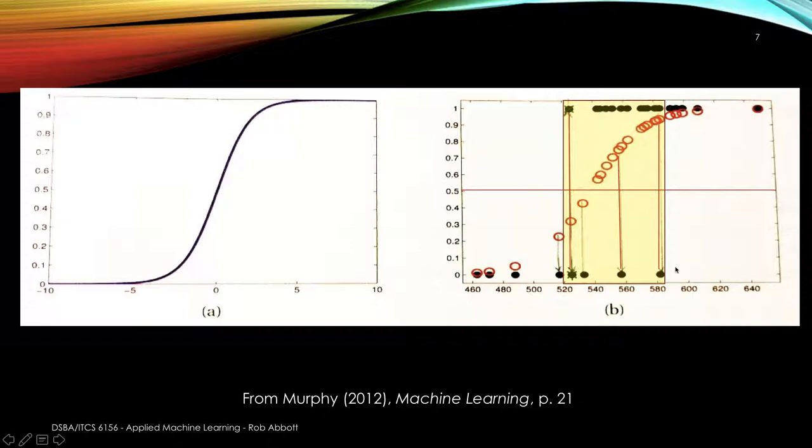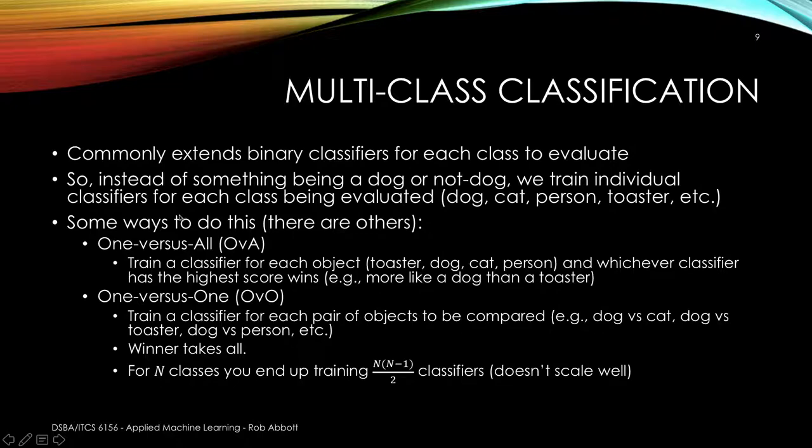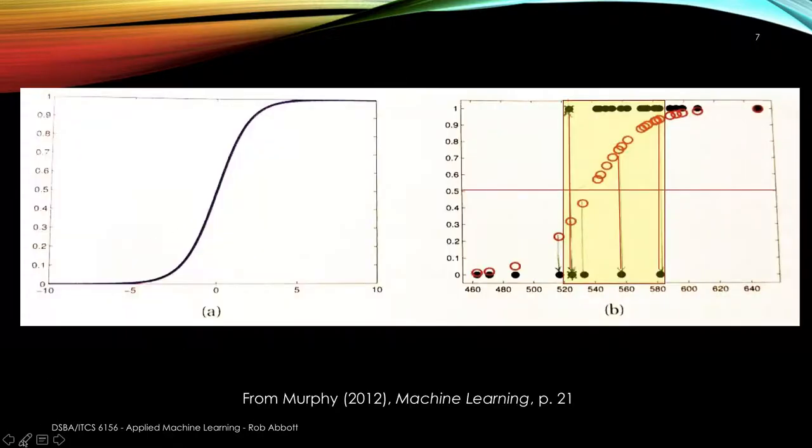Now, if I look at an example from the Murphy book for machine learning, I see my sigmoid function here, and I know from our prior discussions that what I want is to not do that. What I want is to be able to say, for this cutoff point, something is cleanly not in the class or something is cleanly in the class.